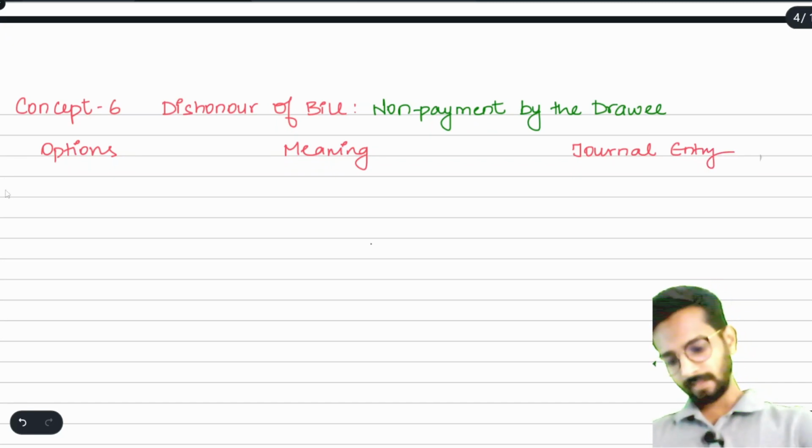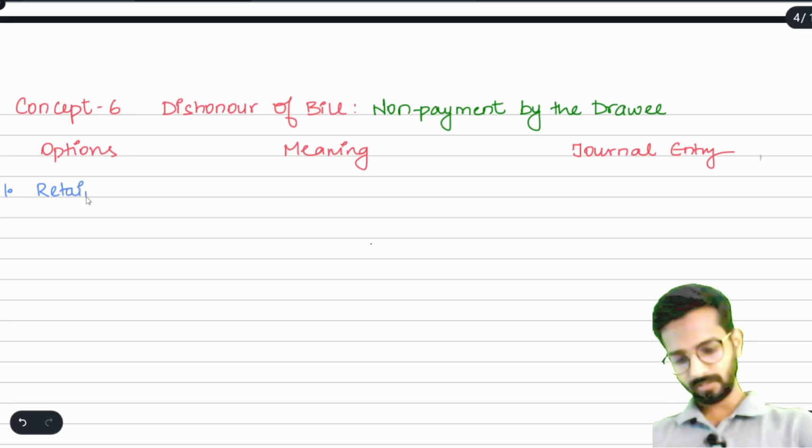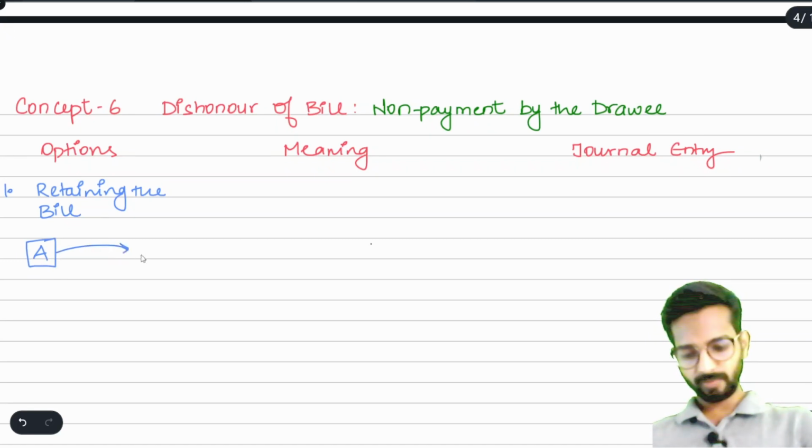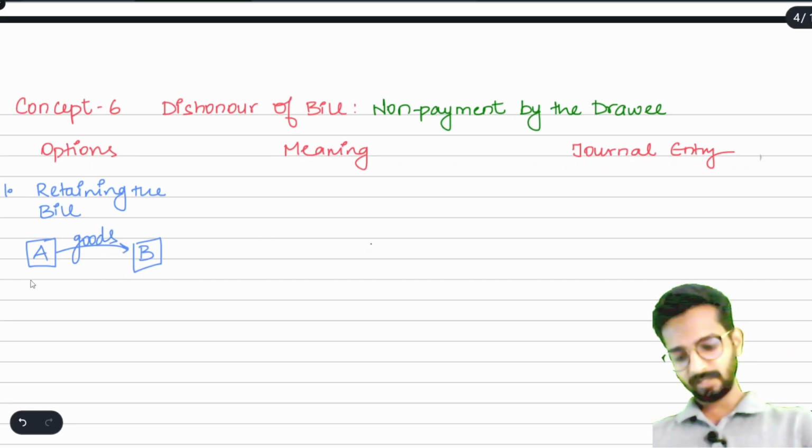Understand this. The first option we had is retaining the bill. Retaining the bill means what? The same example, A sold goods to B. B accepted the bills receivable. Now A has the bills.